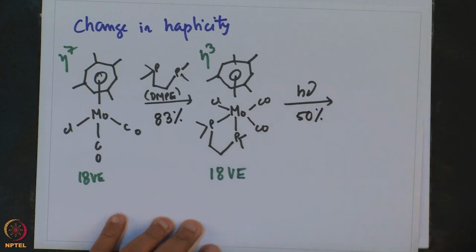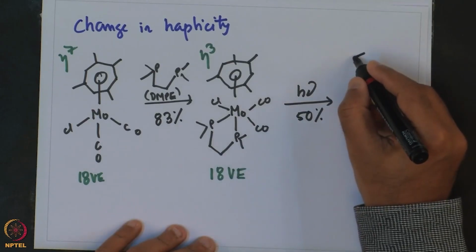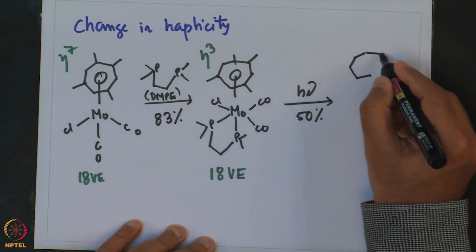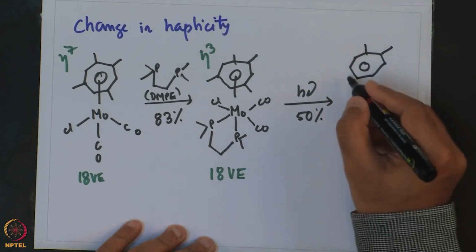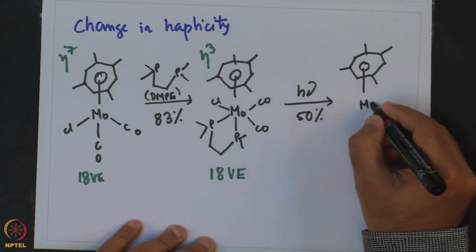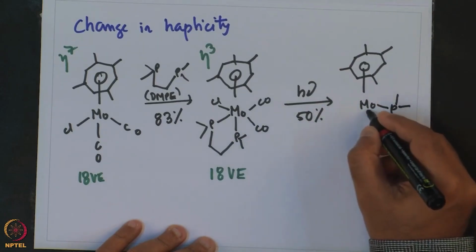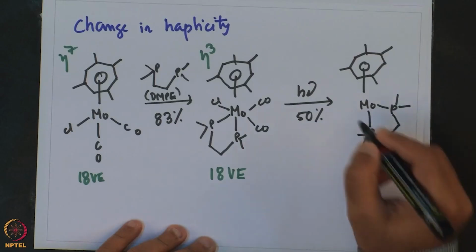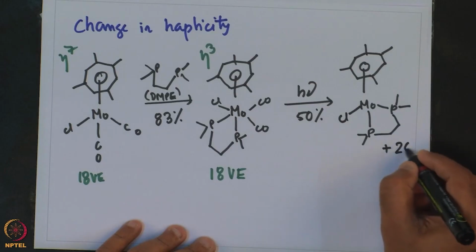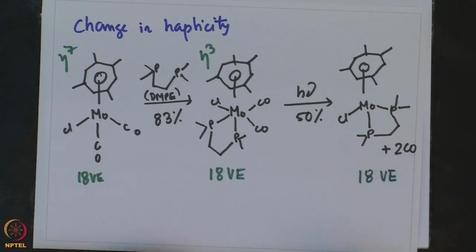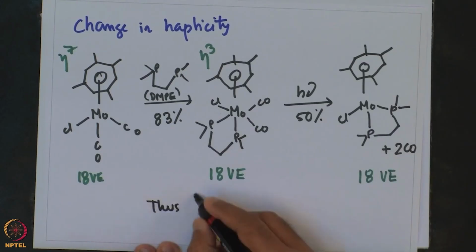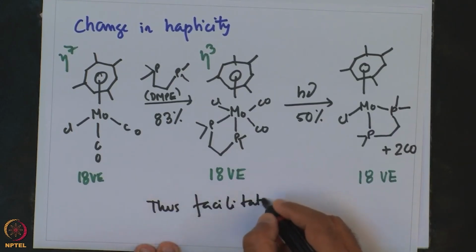It eliminates carbon monoxide to give the eta 7 bound molybdenum phosphine chloride plus 2 CO, and that also is an 18 valence electron compound, and this reaction facilitates CO substitution.